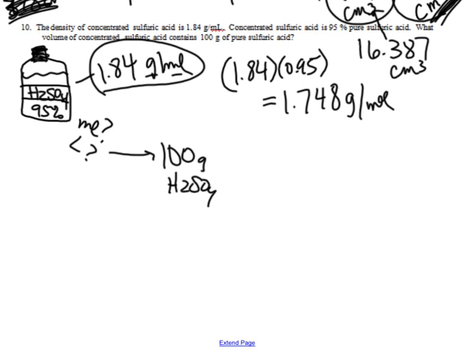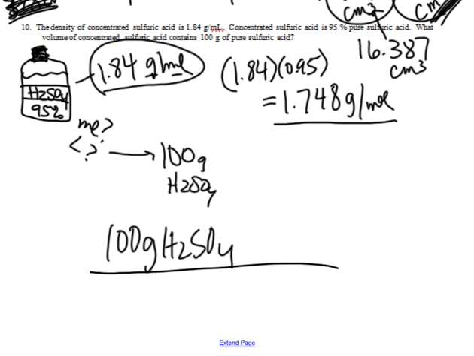Okay? So now I can take this and just do my dimensional analysis, starting with what I'm looking for. I'm looking for grams of H2SO4. How can I use this density to get me an actual volume? It's a double unit.